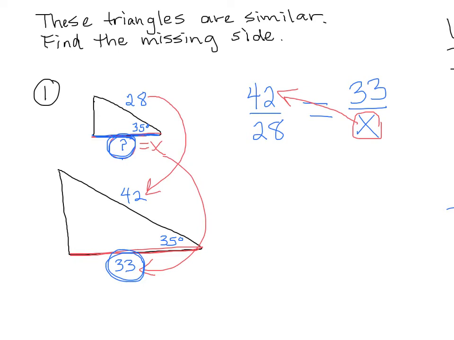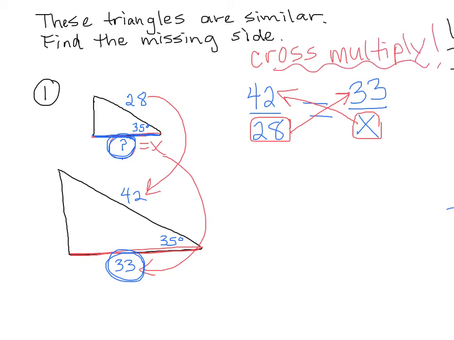And then to get the 28 out of the denominator on the left, I multiply it over with the 33. So it's called cross multiplying. So that's how we solve proportions. We cross multiply.